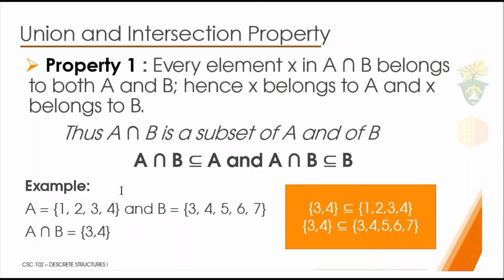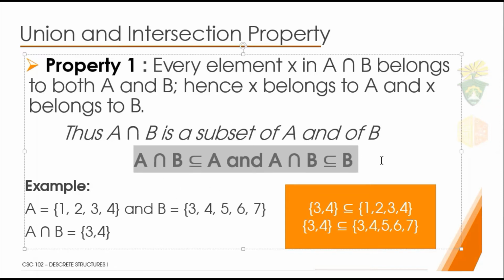So that is what property 1 is talking about. So it's just important that you know this property so that when you encounter this kind of equation, you know what this means.